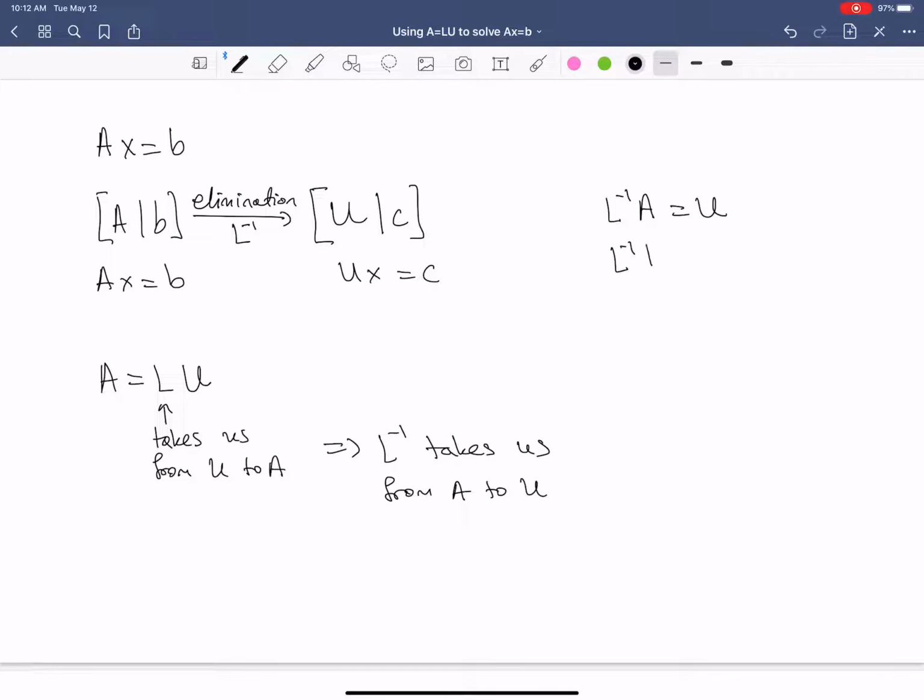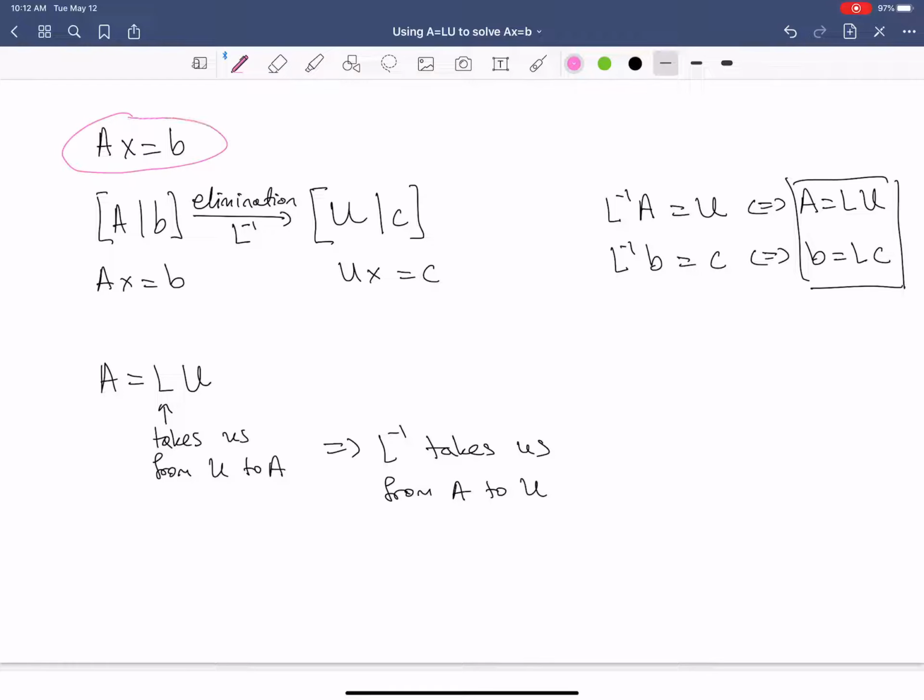L inverse applied to B gives me the vector C, which can equivalently be written as A equals L times U and B equals L times C. So the factorization on A gives us the relationship between B and C. In other words, we would start with a rectangular system, AX equals B, and instead of this one rectangular system, we can solve two triangular systems.